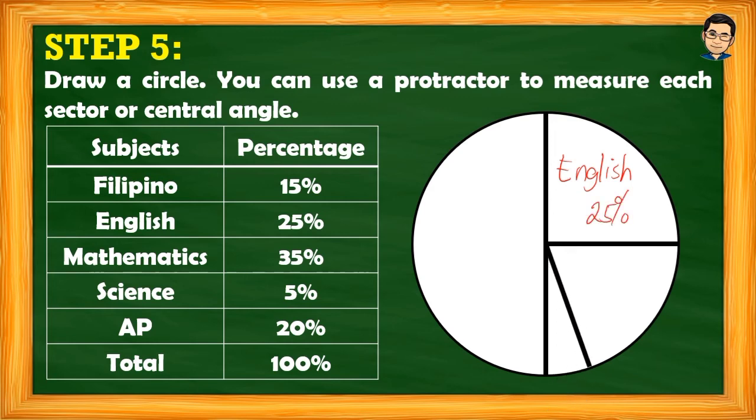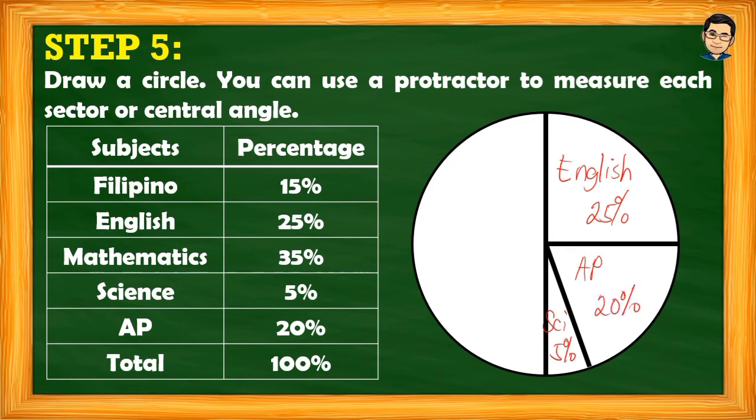Next, hatiin natin yung natitirang 25% sa dalawa. So, yung pinakamaliit na hati, nagko-correspond po yan sa science, which is 5%. Yung nasa right side, para naman po yan sa Araling Panlipunan, which is 20%.